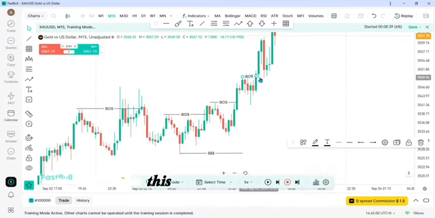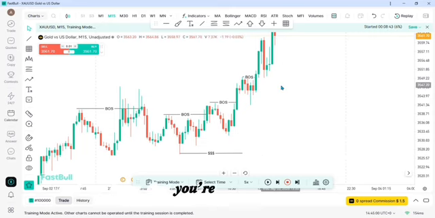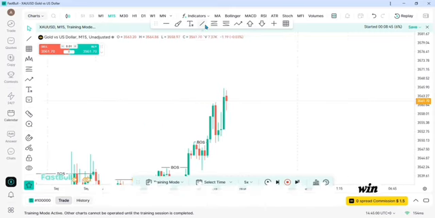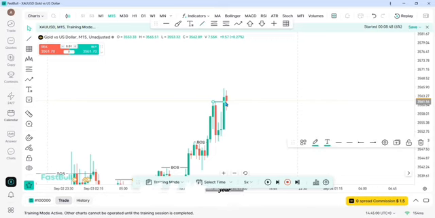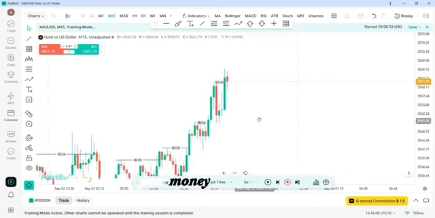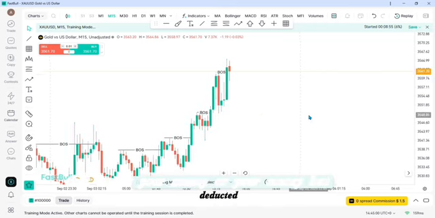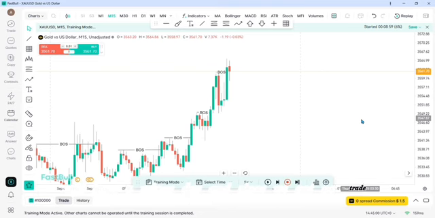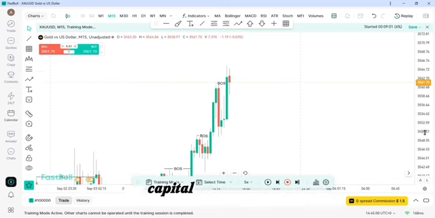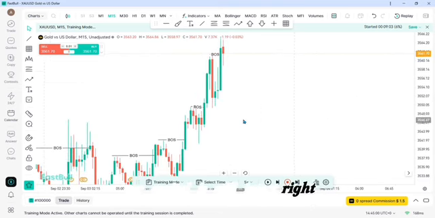So that means this day we won't be getting an entry. And we know that not trading is also a win, because what if the market gives you a setup and hits your stop loss? That means your money has been deducted. We'll have a minus day. And since we got no trade, our capital is still intact, right?